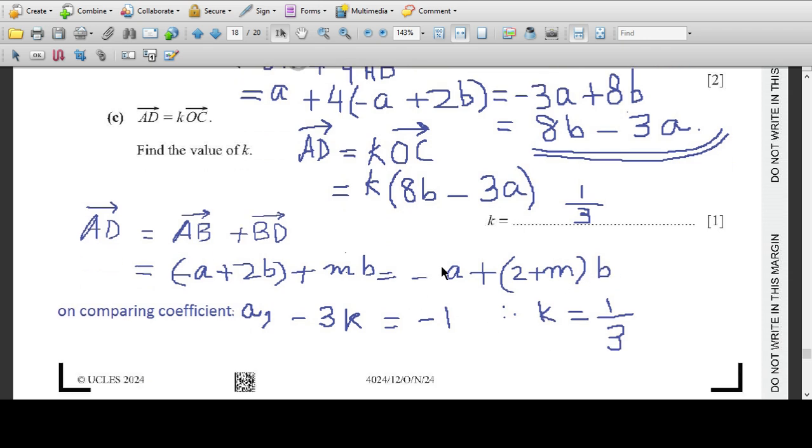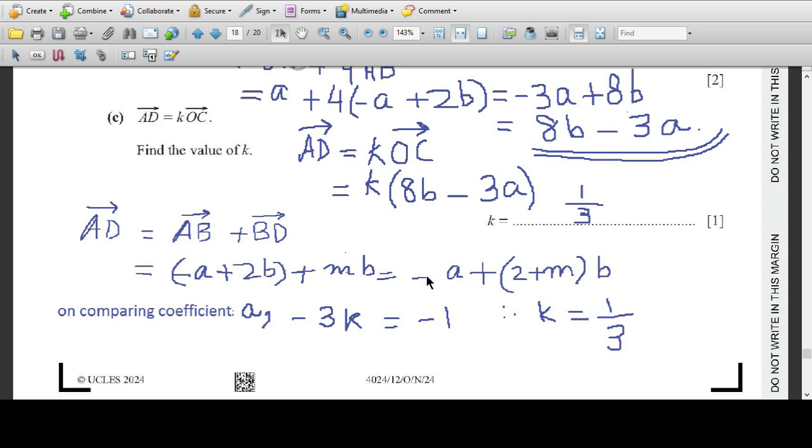So this is minus a plus 2b plus mb. And if we compare with this one, minus 3k a, and this is minus 1, so minus 3k is equal to minus 1. If we compare, both are equivalent, because AD and k OC are in the same direction, so we can compare.